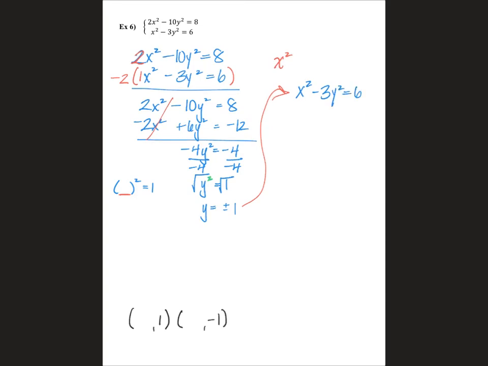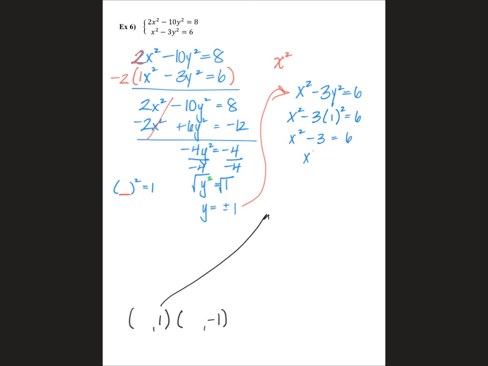If I take my 1 and I substitute that into this equation, that is going to leave me with x squared minus 3, in parentheses, +1 squared equals 6. That's going to give me x squared minus 3 times 1, or 3, equals 6.